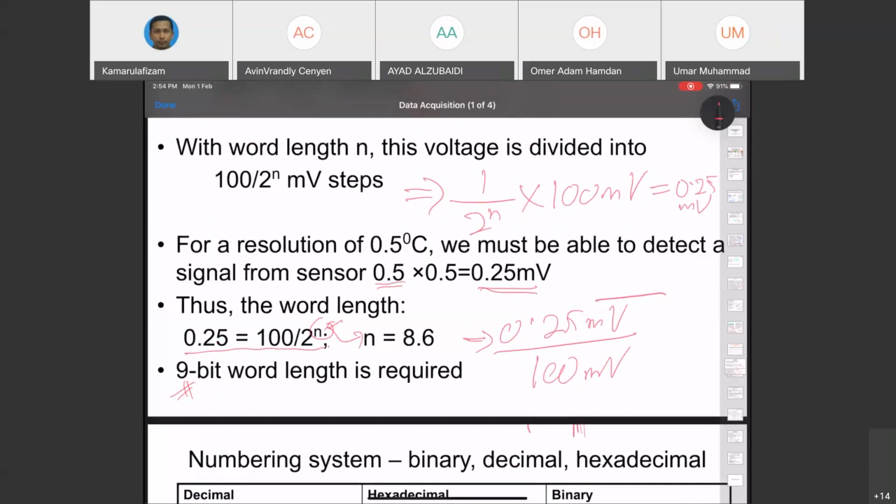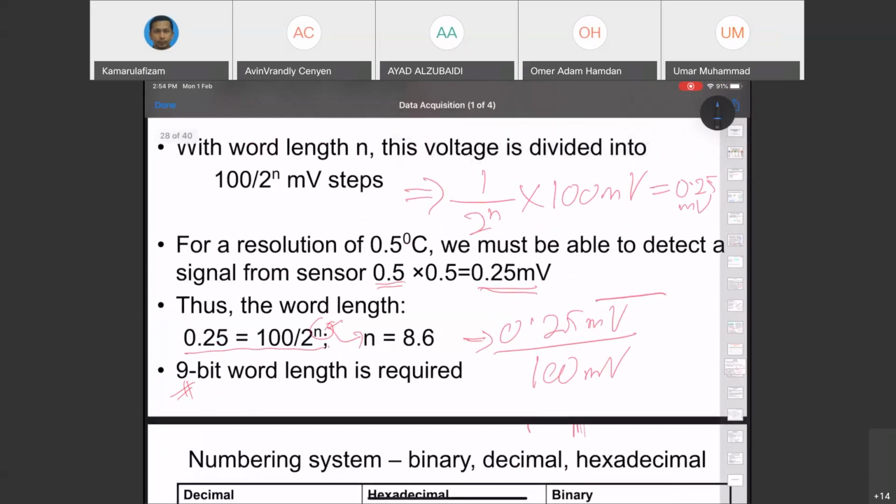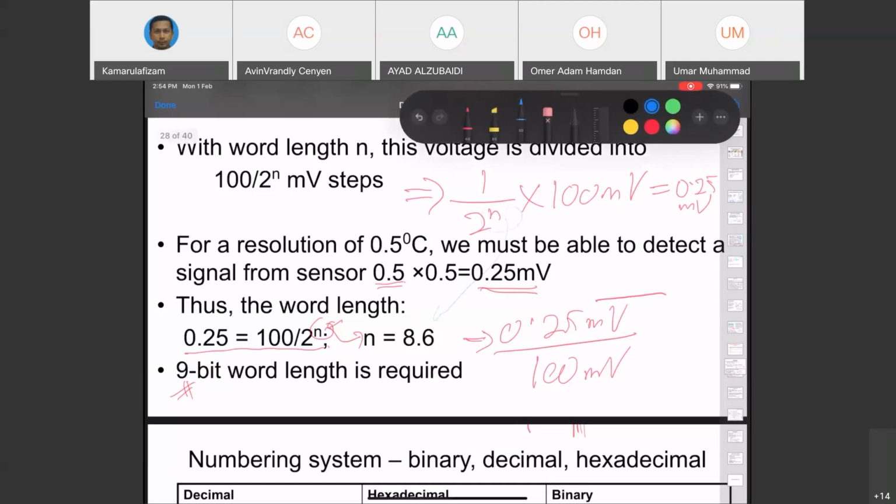Basically you will get this kind of value from this formula, and then of course you know what to do. Is this clear, guys, or do you need further explanation?